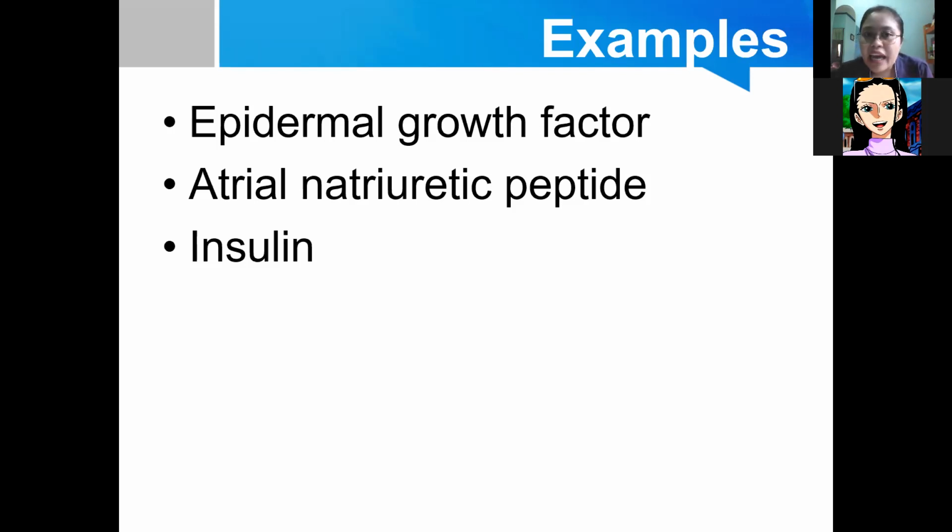Pag kani siya ang ANP, we abbreviate this as ANP. Pag kani siya mo bind sa iyang receptor, it will also activate the tyrosine kinase and will result to the excretion of sodium.